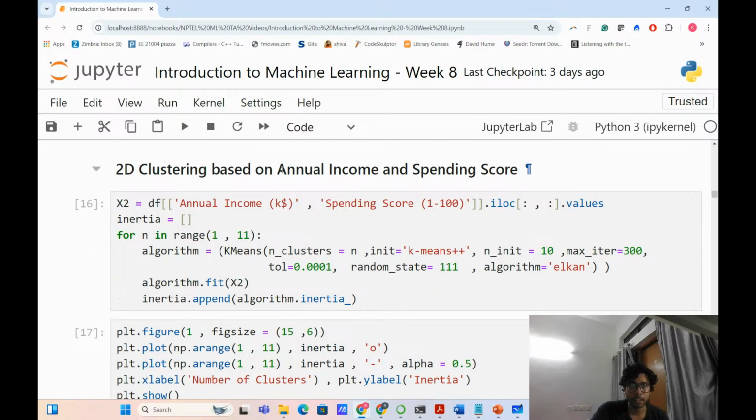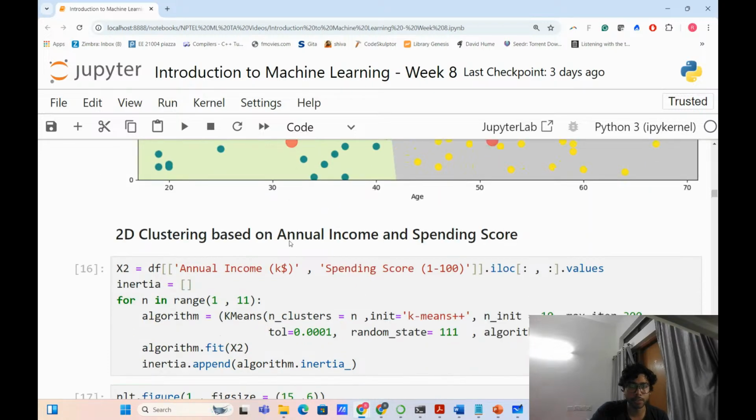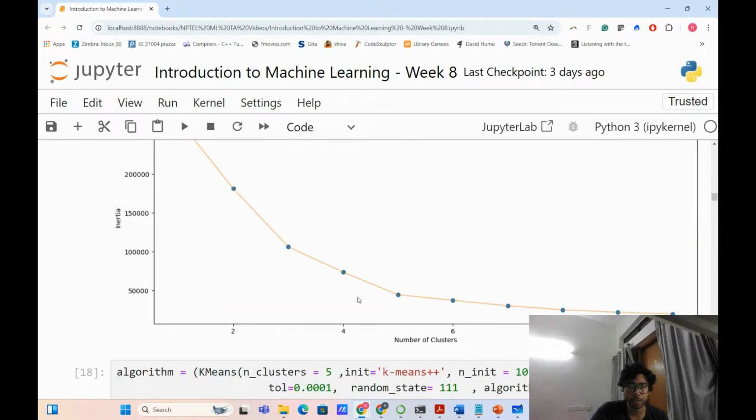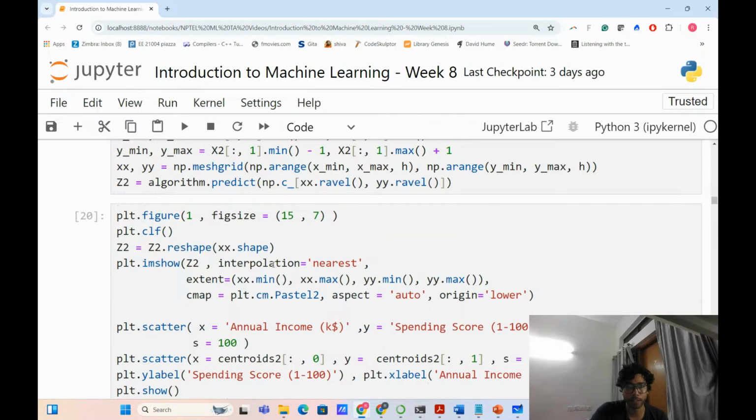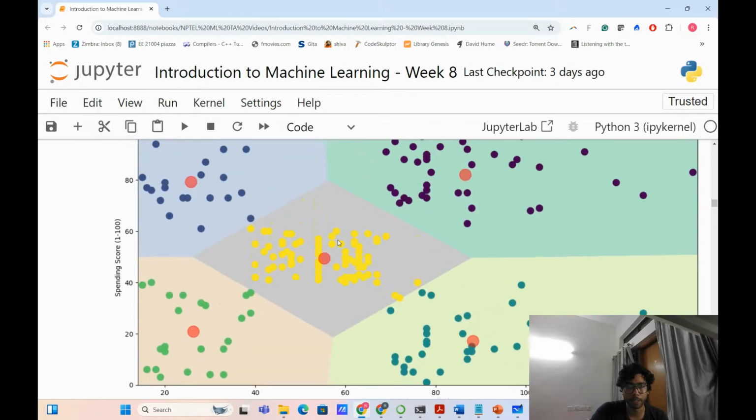Okay, and then again, this is clustering based on annual income and spending score, right? Earlier we did it on age and spending score, and now we will do it on annual income and spending score. Here you see the elbow happens at k equals 5, right? We built a model and made 5 clusters.